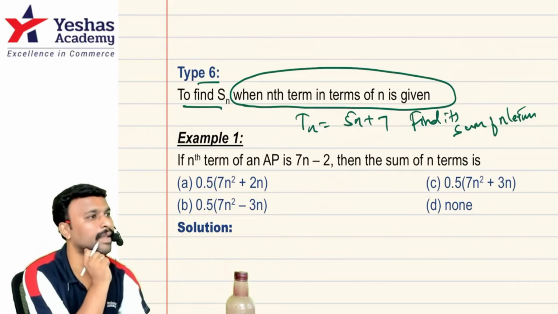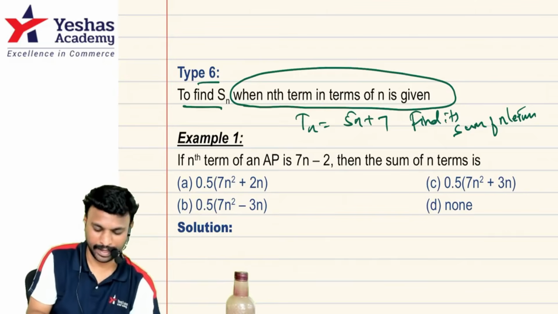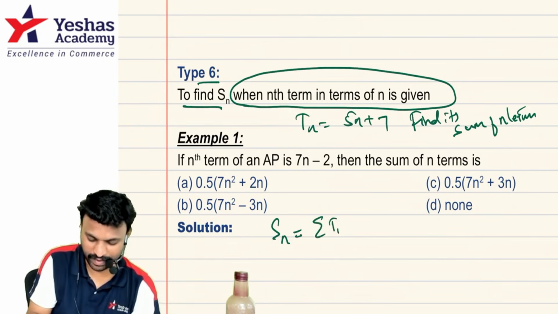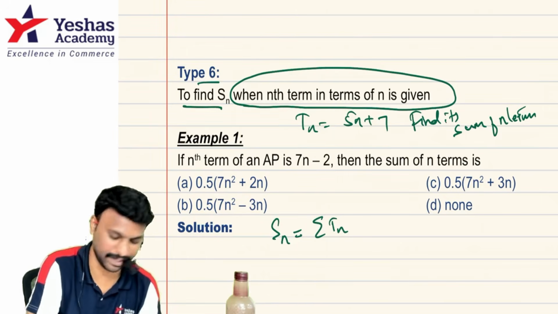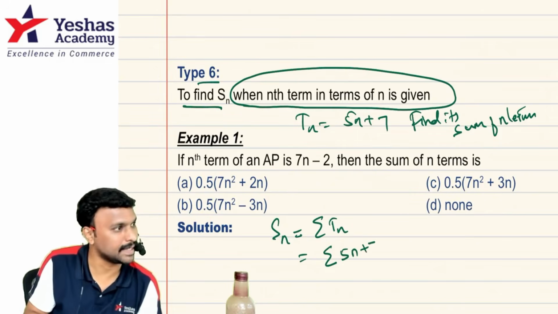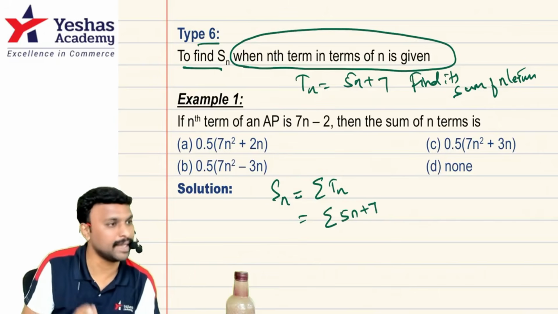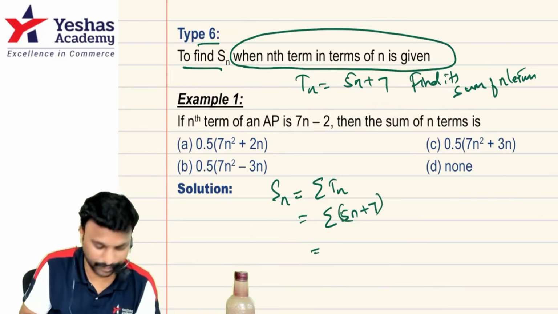Everybody concentrate here. How to find the sum of n terms: always remember Sn is the summation of Tn. Now, what is Tn given to you? 5n plus 7. Now, I have to apply summation for both.